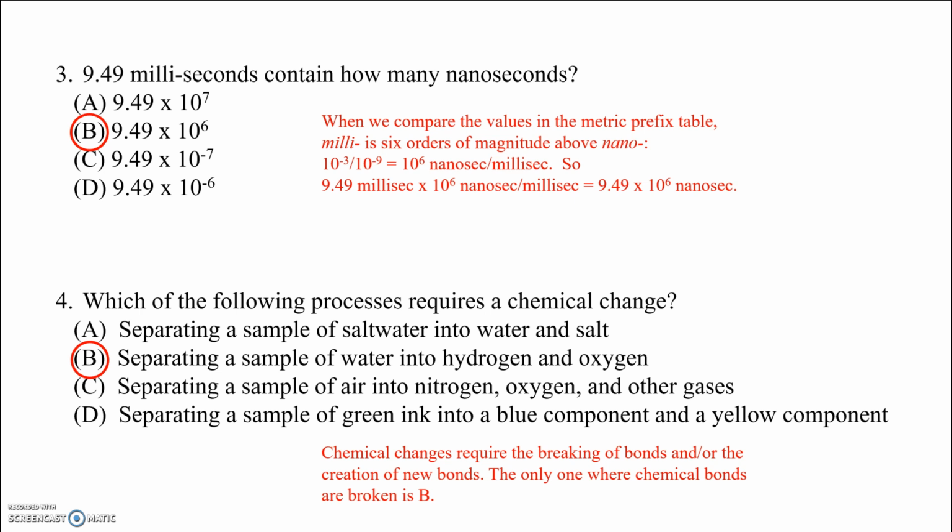In C, we can mechanically separate the nitrogen, oxygen, and other gases by doing a compression until they separate due to their different boiling points. And on D, these are just different dyes that go into forming green ink, and we can again mechanically separate those through some chromatography method. So B is our only answer that makes sense.